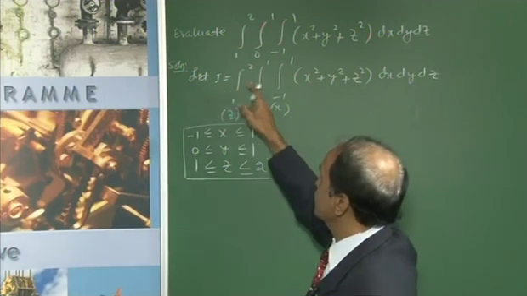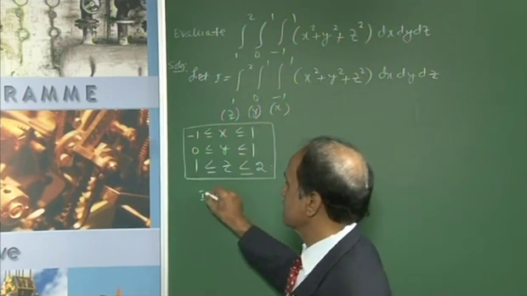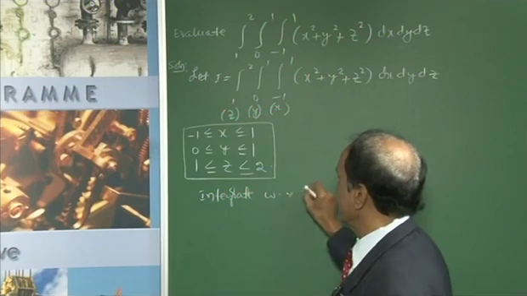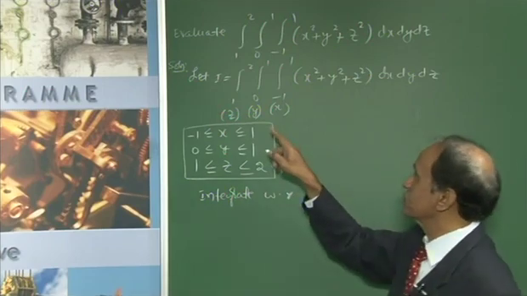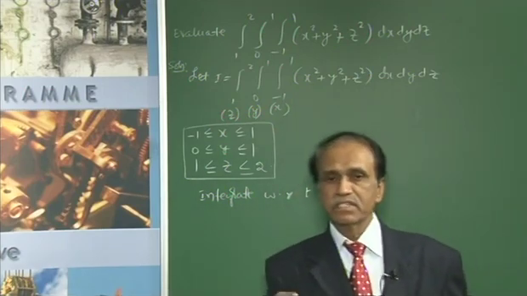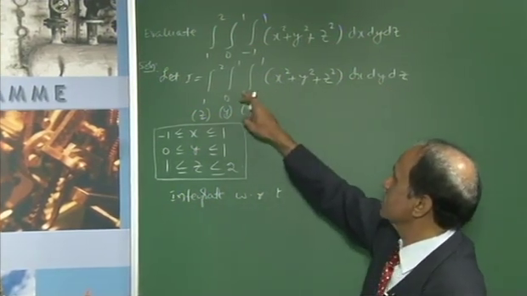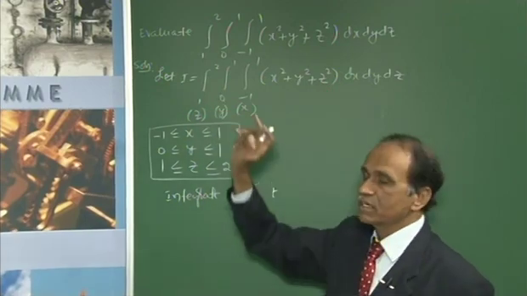Then I is equal to this one, integrate with respect to... please remember one thing, you cannot choose the outermost integral first, then the middle integral, then the innermost integral.